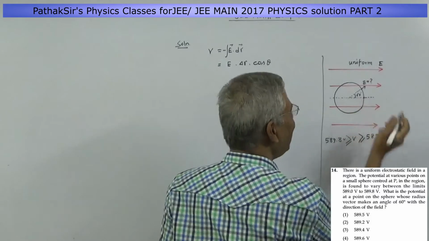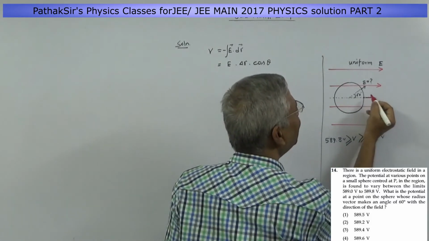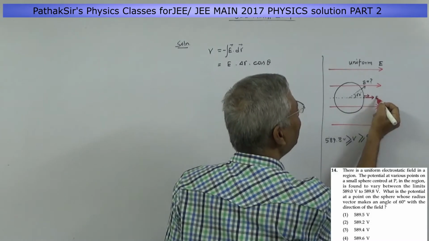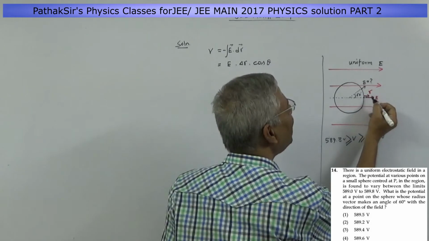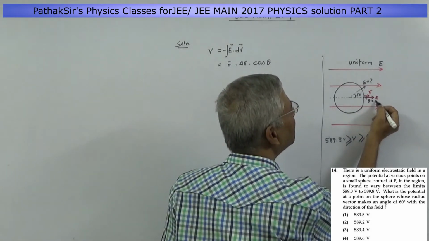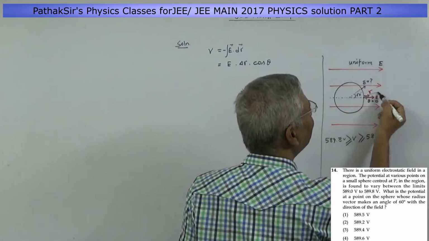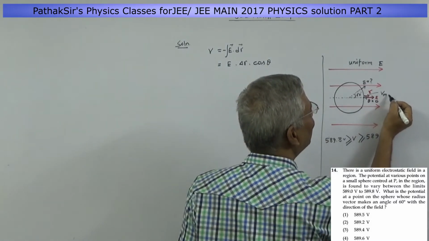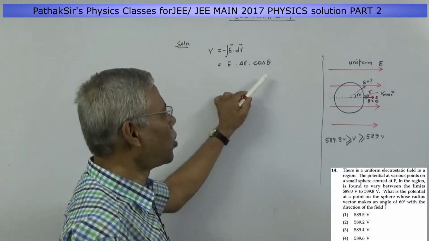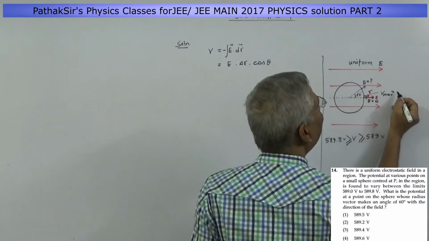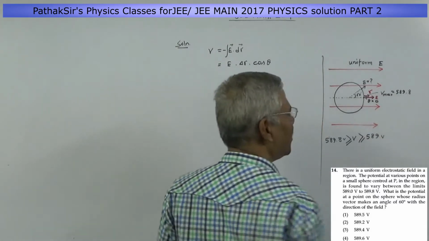At this particular point, the angle between E and R is 0 degree, theta equals 0, cos 0 is 1. So at this point, potential has maximum value V max, because cos 0 is 1, V max 589.8.